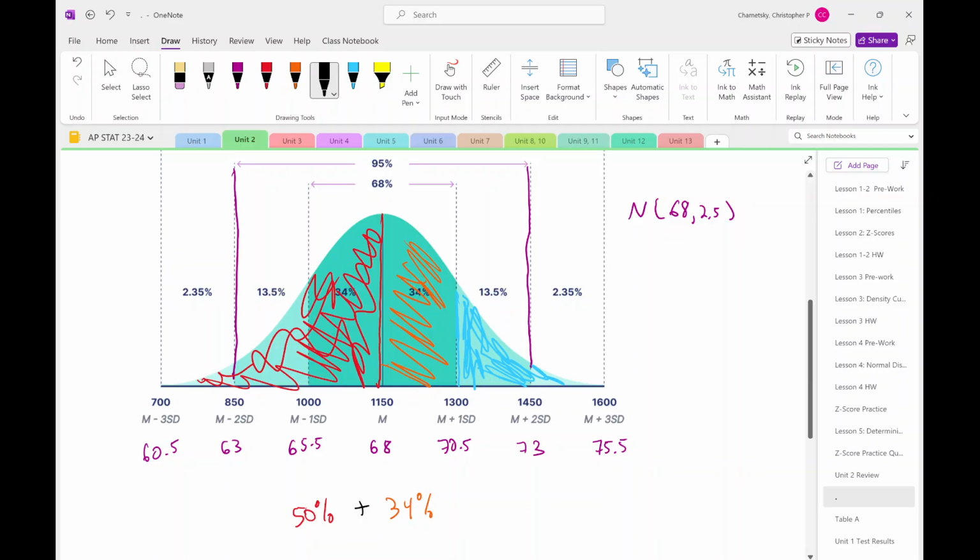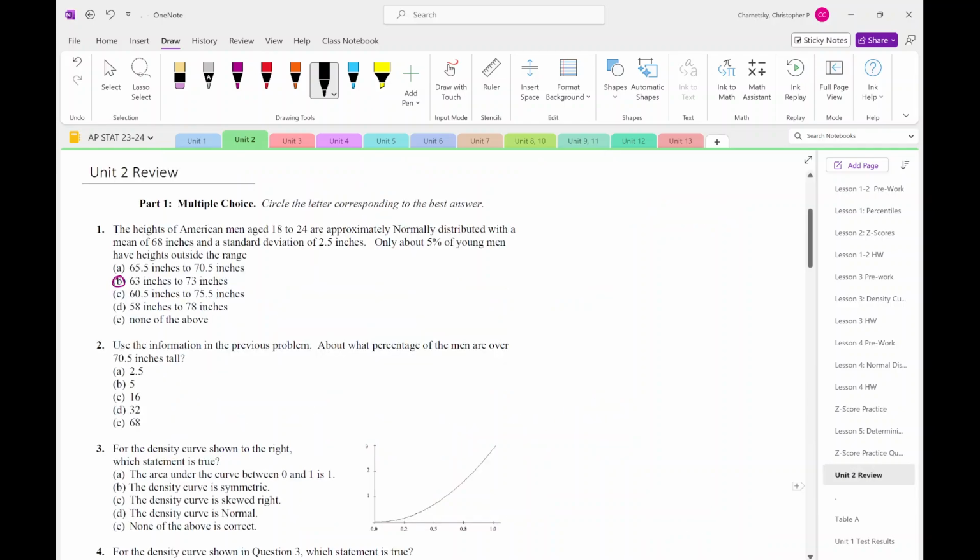So 50 plus 34% equals 84%, and that's left of the shading that we were looking at. We want this shading, so really our answer would be 100 minus 84%, which is 16%, which is right here. Answer C.